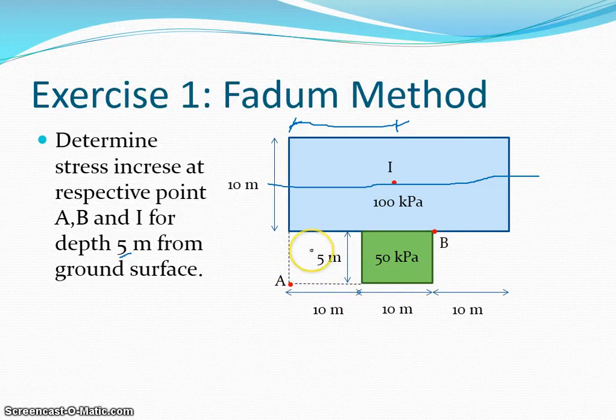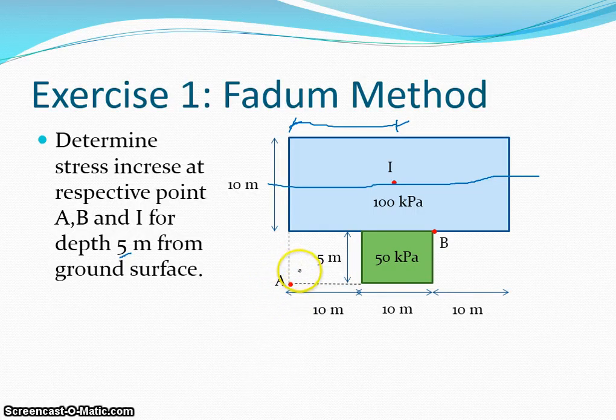One of the Fadum method principles is that every time you want to define the I, you want to take the M and N values, which means you take the B and Z values. So you have to make sure that B and L are defined from the point that we are interested to calculate.